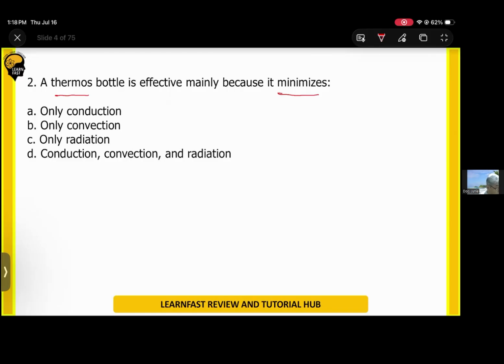So you have a well insulated system. Therefore, a thermos bottle will minimize the 3 modes of heat transfer. So your answer will be D. Conduction, convection, and radiation are minimized in a thermos bottle.